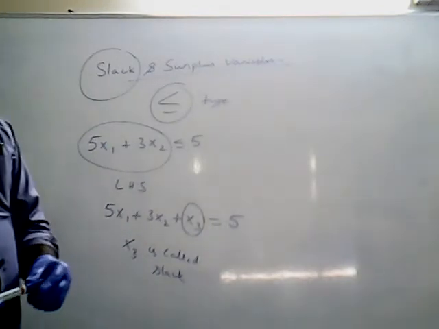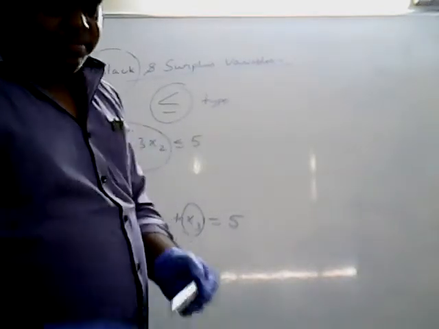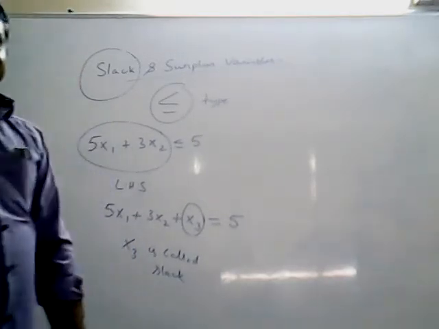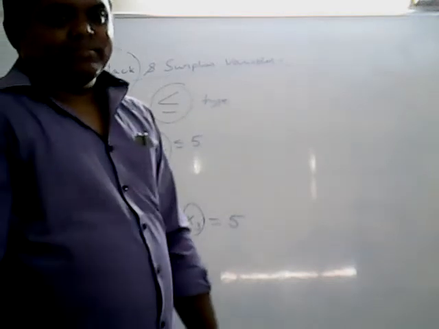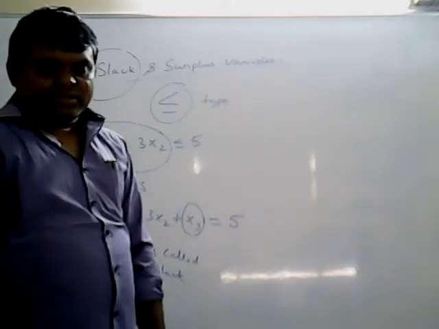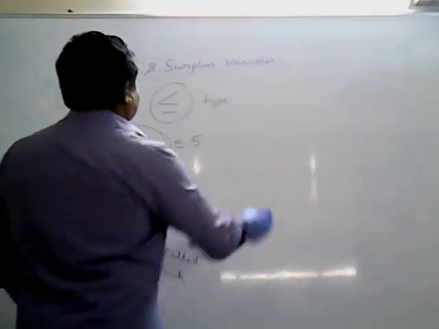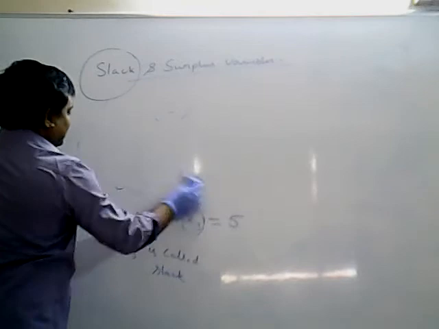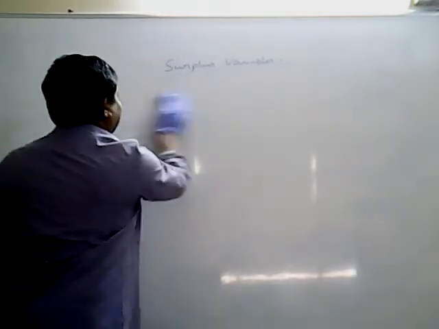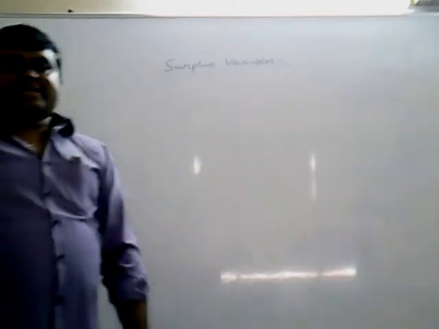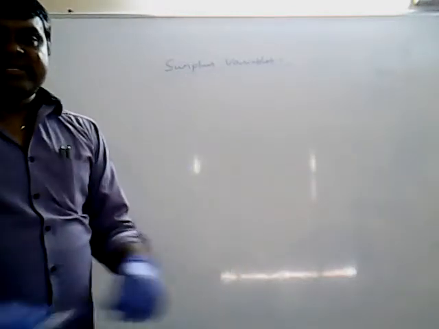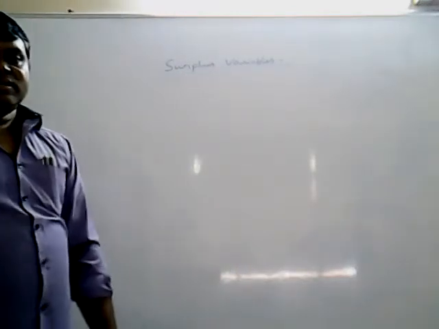Surplus variable: the non-negative variable which is subtracted to the LHS of the constraint to make it as equality type is called surplus variable.